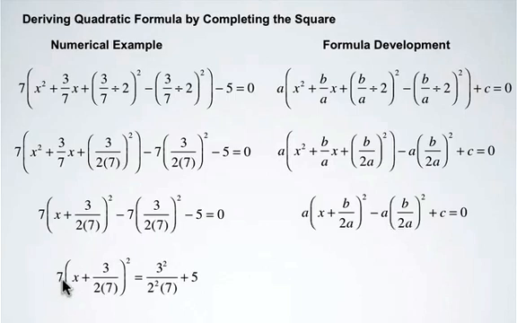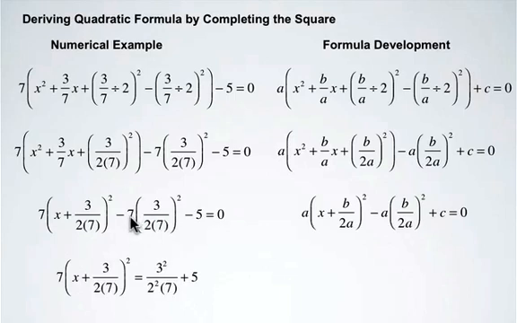Now we have 7 times x plus 3 divided by 2 times 7 squared, which is equal to 3 squared, which comes from this 3 being squared, 2 squared, there's the 2, and 7.